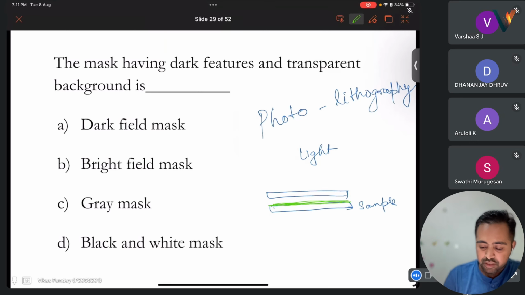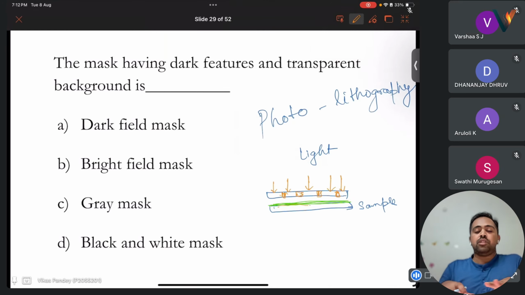Then this light will go through this mask, and whatever pattern is made on this mask, according to that pattern, we will have the exposure below. So this is the mask.